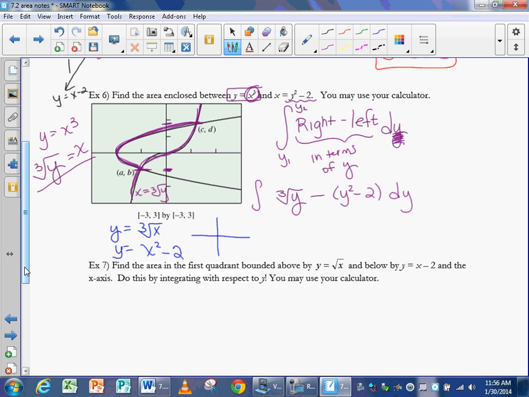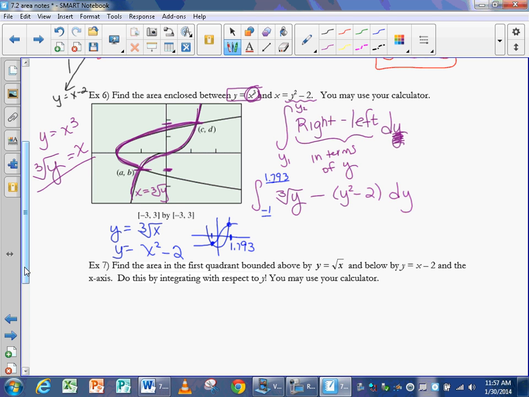So if I graph the cube root of x in my calculator, it's going to look something like that, and x squared minus 2 is going to look something like this. Whatever these two x values are is the same as the y values that you need over here. So if you go to your calculator, graph those two things, and figure out where they cross, you are going to get values of -1 and another value, this one right here, is 1.793.